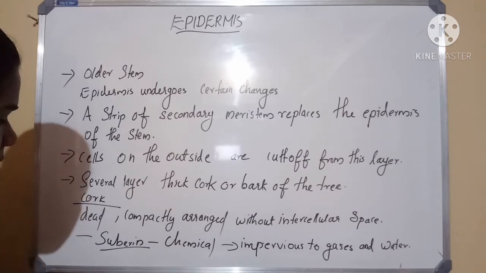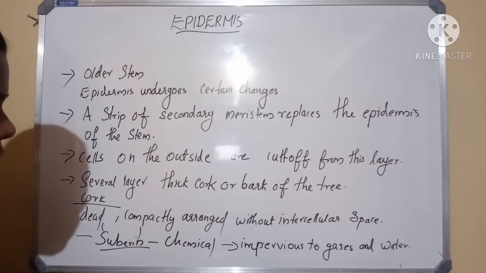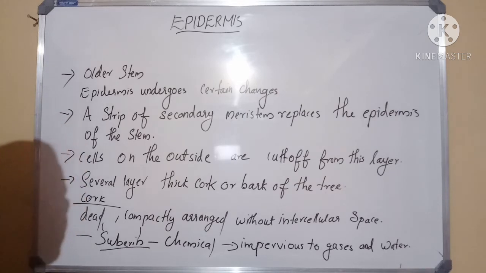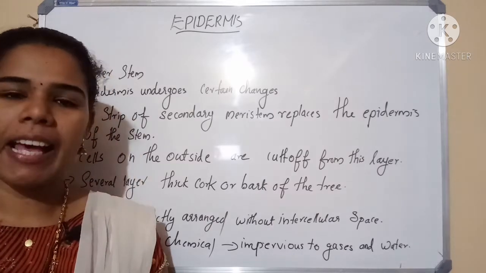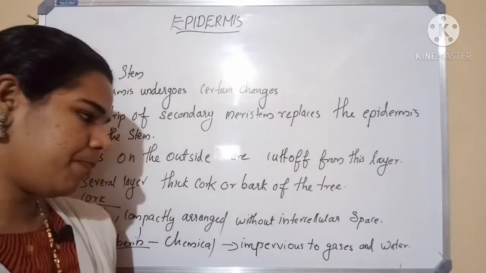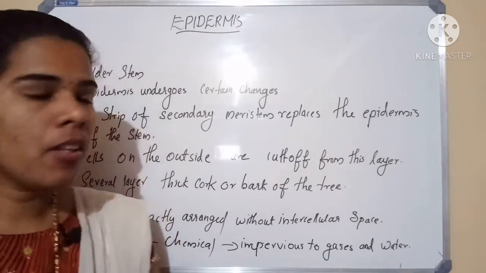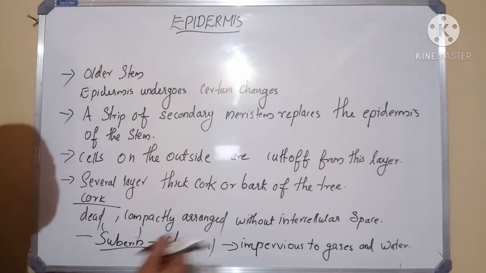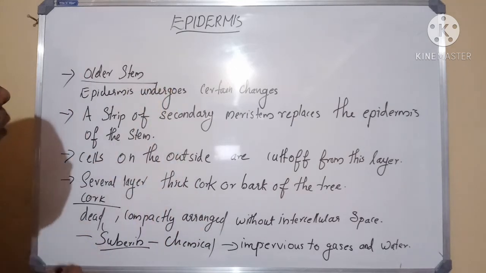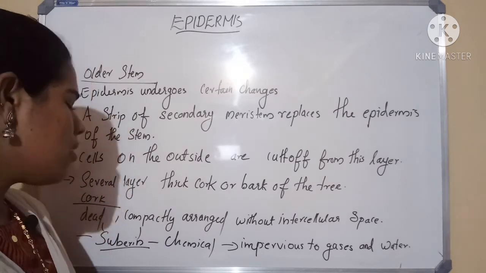That's very important. Suberin is a chemical which is deposited in the cork cells and is impervious to gases and water. It does not allow gas and water. So these are the main important points about the older stem or the cork of the stems.